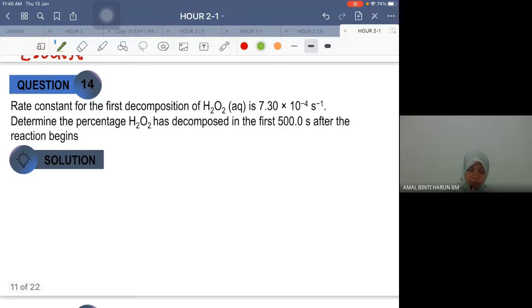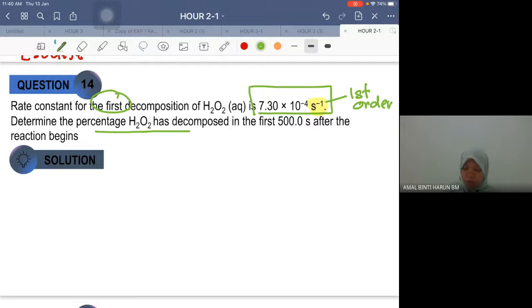Nombor 14, rate constant for the first decomposition. Okay, ini K dia. By using the unit of K, we know that it is first order reaction. Determine the percentage hydrogen peroxide decompose in the first 100%. So kita nak tahu berapa banyak yang decompose. Okay, so initially it is 100%.